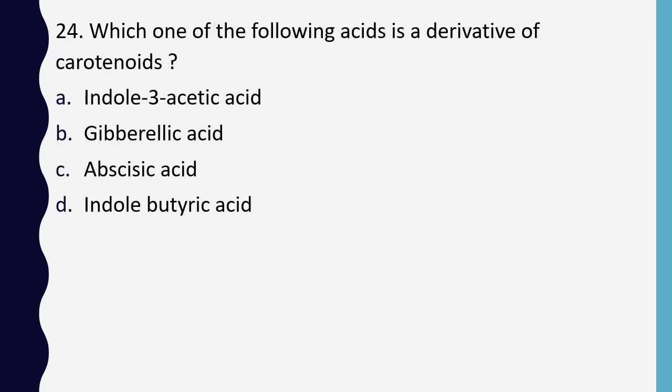Question number 24. Which one of the following acids is a derivative of carotenoid? Indole 3 acetic acid, gibberellic acid, abscisic acid, indole butyric acid. Derivative of carotenoid. The correct answer is option C. Abscisic acid is a derivative of carotenoids.